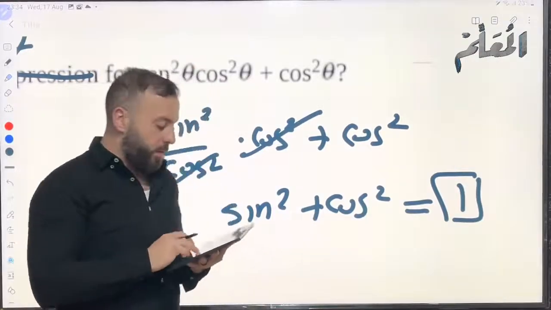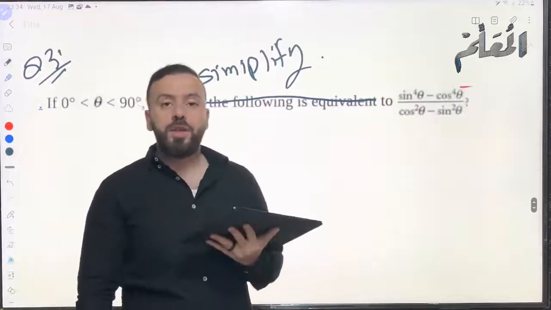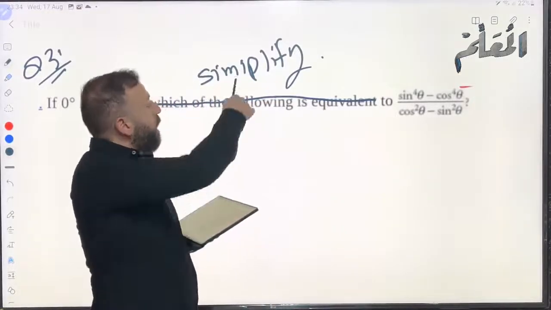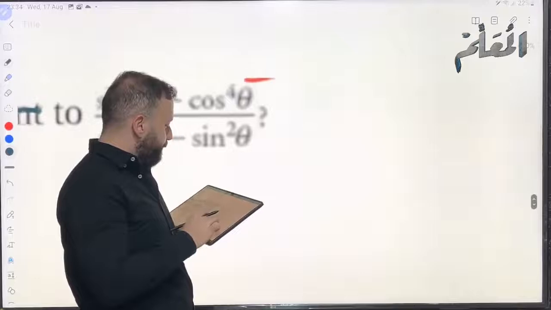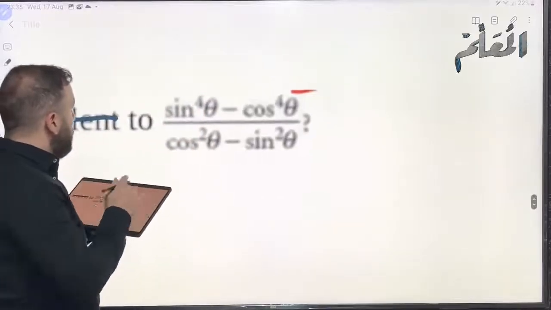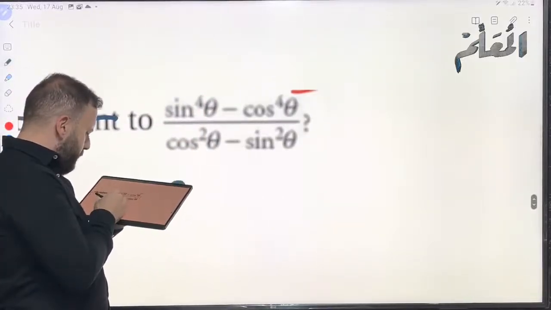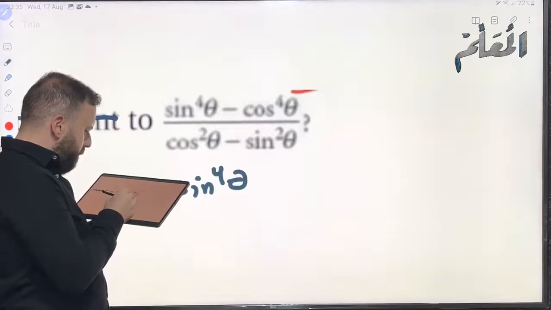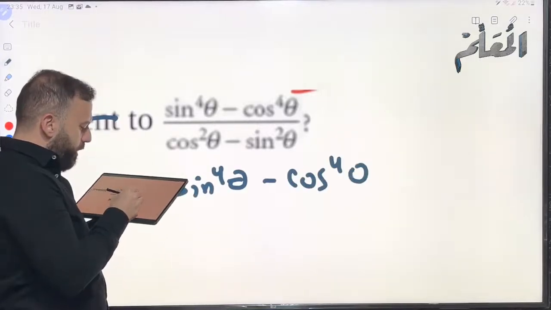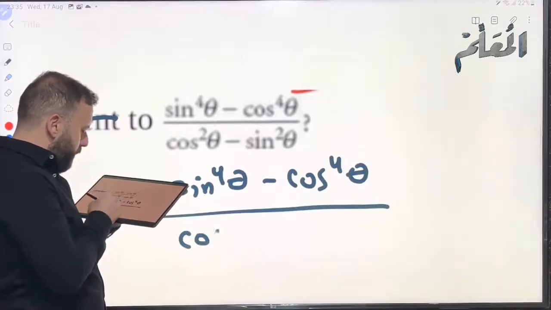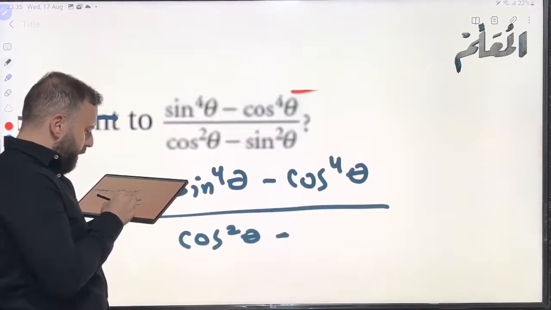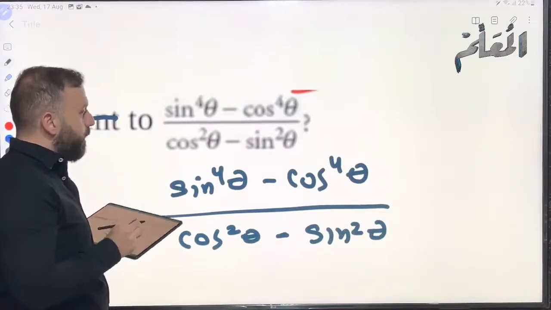Let's go for question 3. Again, I want to simplify this expression. I'm really sorry, I will rewrite it. So it's sine to the power 4 theta minus cosine to the power 4 theta, all over cosine squared theta minus sine squared theta.